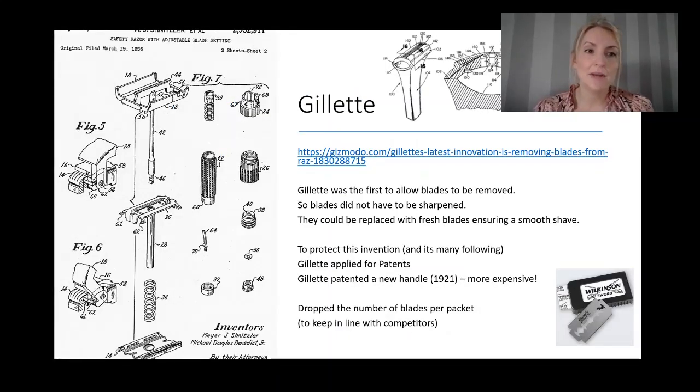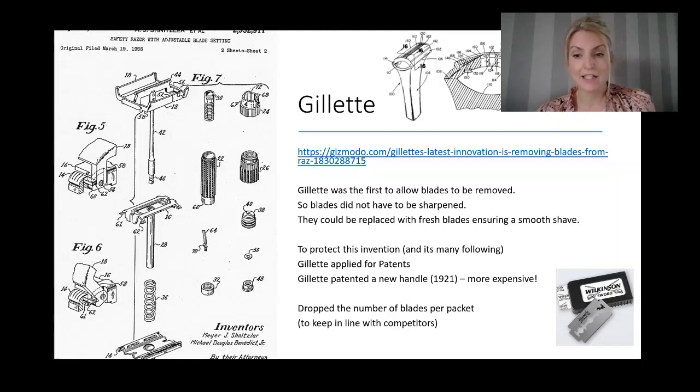This is an image of one of his very first patents, and as you can see, it's got all these little twiddly bits, totally falls apart, and by figure 5 and 6 you can see that is where the adjustable blade setting came about. There's loads of other patents that you can see, and in fact he owns hundreds of patents. So blades didn't have to be sharpened and everything could be customised.